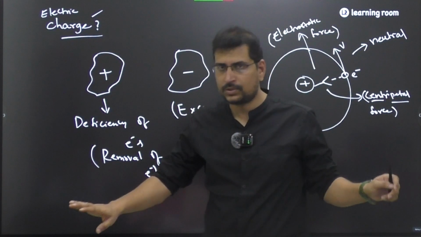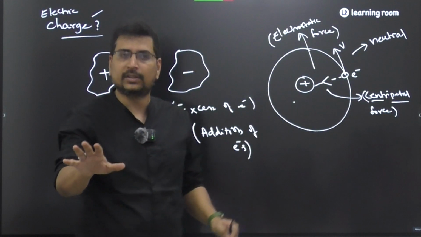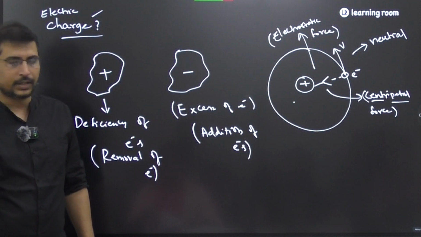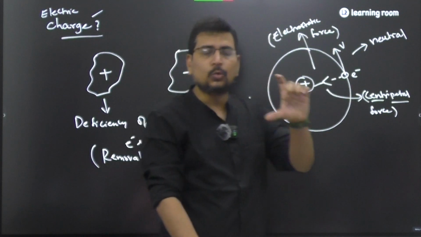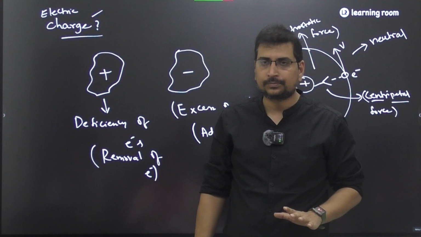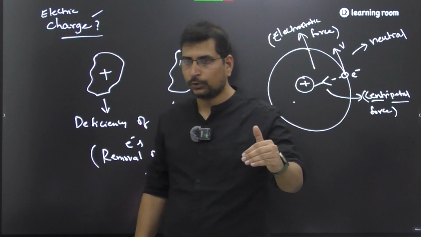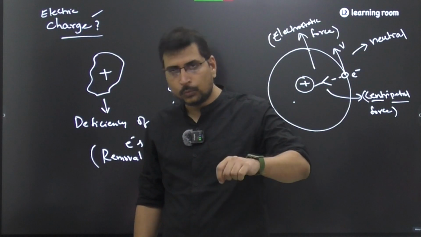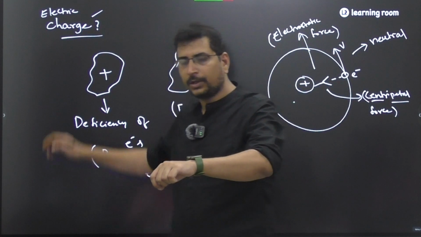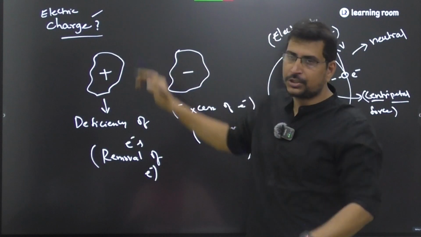Nobody will ask you the definition of charge, but it is important for you to understand. I'll come again. Whenever a material is charged, due to that property, what will happen to it? It will try to exert a force on the neighboring particle. And due to which property is it exhibiting this? Due to the property called electric charge.